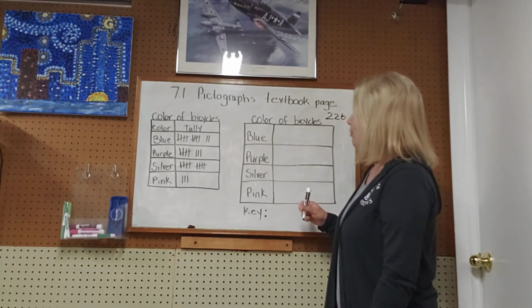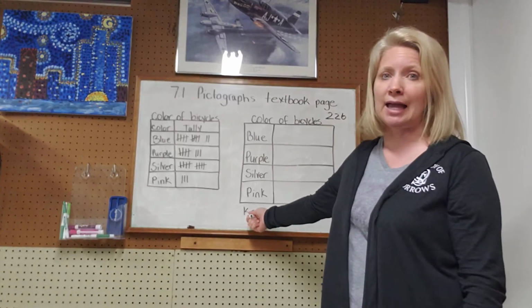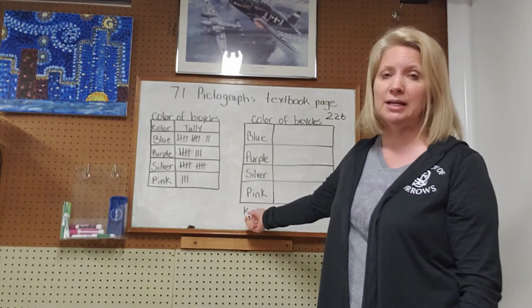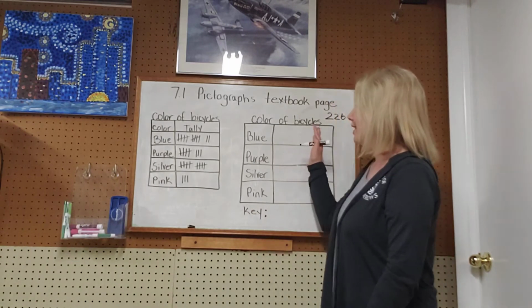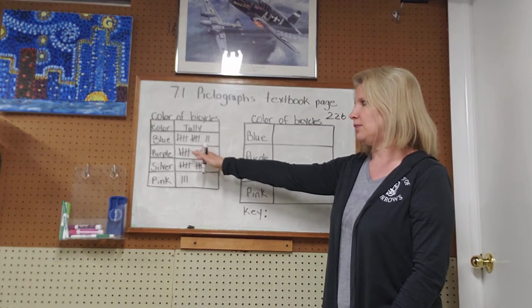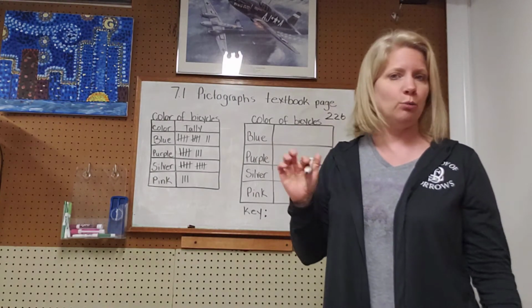So to do a pictograph, you have to make a key. You have to decide what picture, picto is like a picture, you want to represent this number. In the chart, it has a smiley face, and it stands for 2, but you could do it for 1, you could do it for 3.